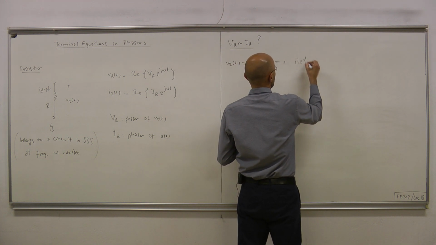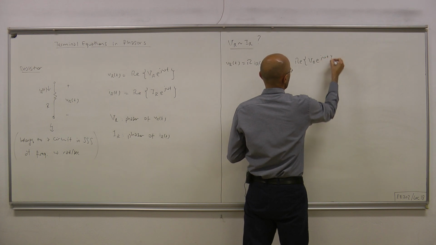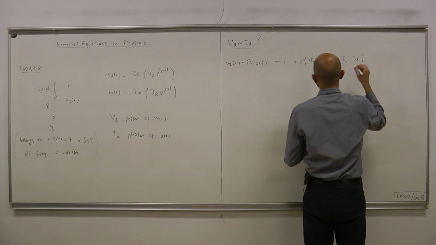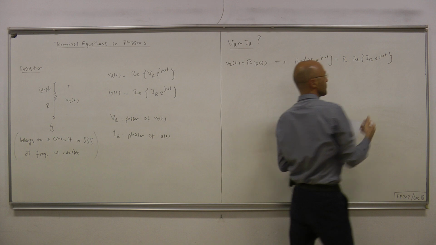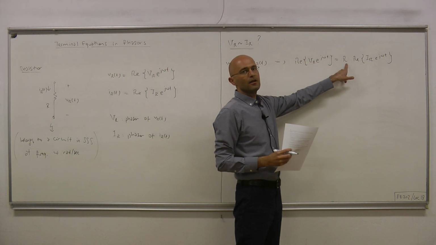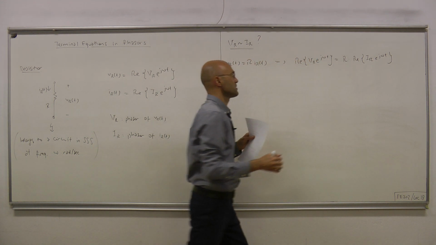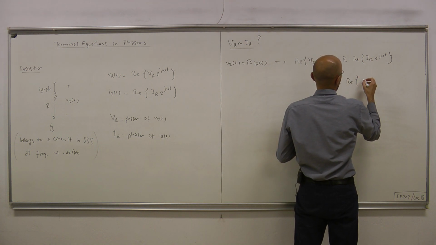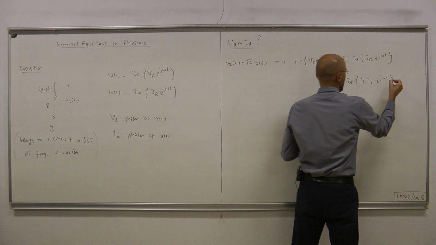So that means the real part of VR e to the j omega t equals R times the real part of IR e to the j omega t. Now R is a real number, therefore we can take it inside the parentheses and write this equals the real part of R IR times e to the j omega t.